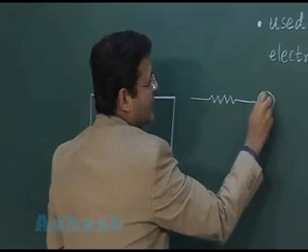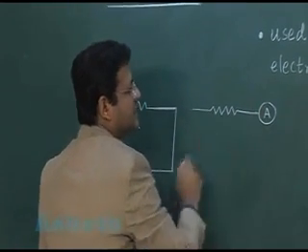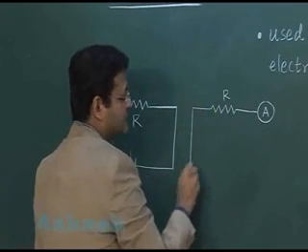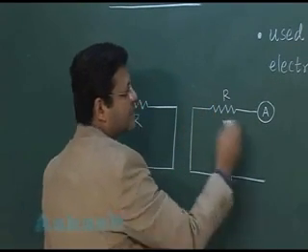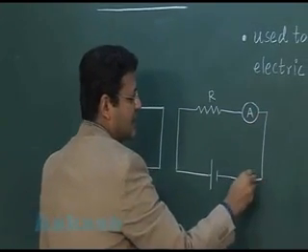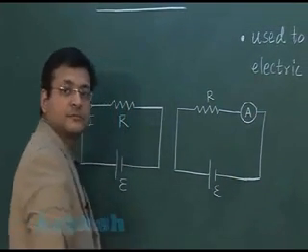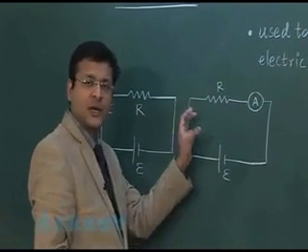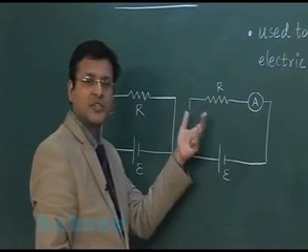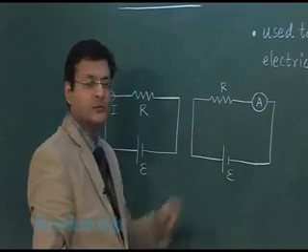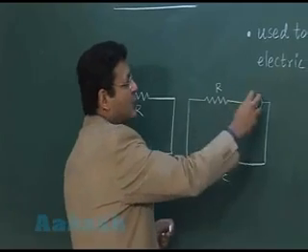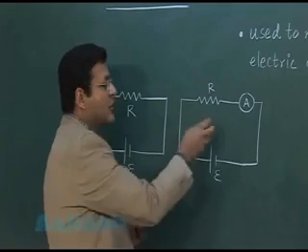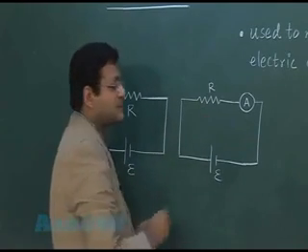So the ammeter is connected in series to the resistor through which the current is flown. इस रेजिस्टर के थ्रू जो करंट फ्लो करेगा उसको मेजर करने का हमारा मेथड ये होगा दैट एमीटर शुड बी कनेक्टेड इन सीरीज विद द रेजिस्टर थ्रू विच यू वांट टू मेजर द करंट.